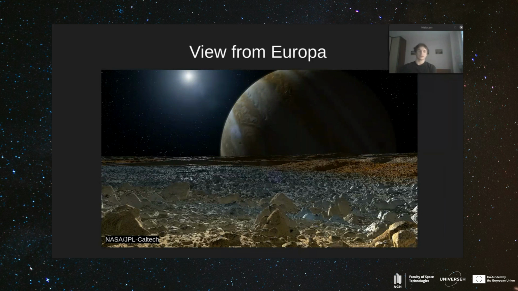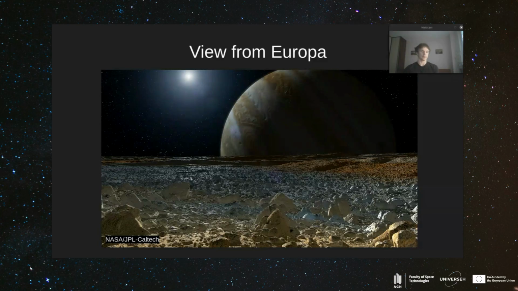We know that the view from Europa will be dominated by Jupiter, which will be 24 times larger than the sun that we see from Earth, because the sun and moon have a similar angular size. We're measuring here the angular size, and the moon from Earth has around half a degree of angular size. Jupiter from Europa has 12 degrees, so 24 times larger.